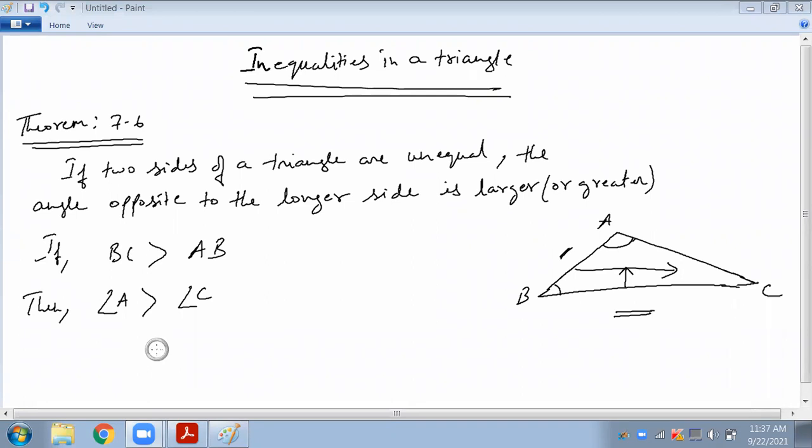If the side is larger, the angle opposite to that side will be larger than the other one. Okay, write this. And if you're done, you can raise your hand. Then next we'll see theorem 7.7. If you're done, you can raise your hand because I need to rub it.